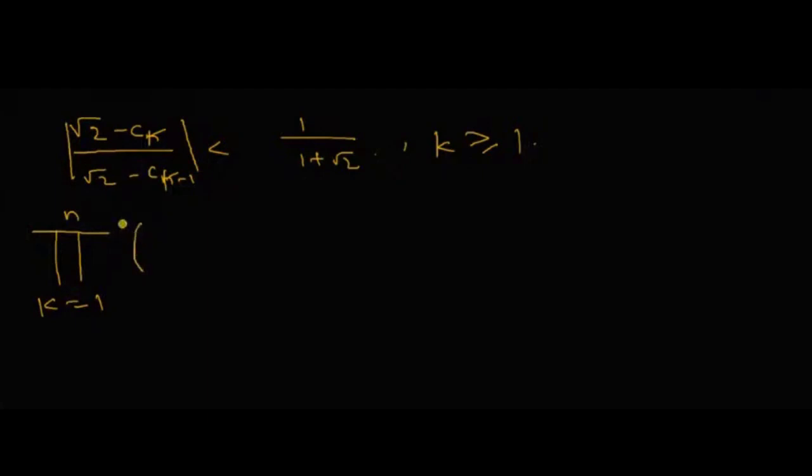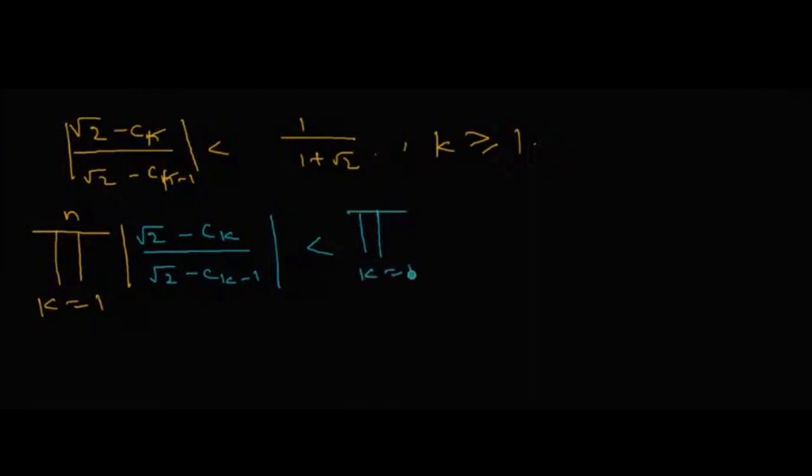So this will be root 2 minus ck by root 2 minus ck minus 1 is less than product of k from 1 to n 1 by 1 plus root 2.